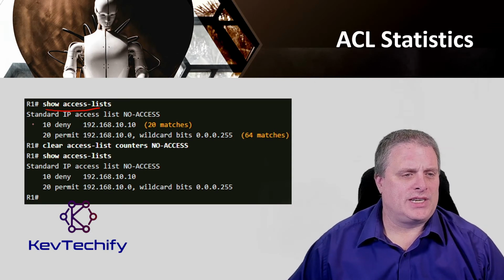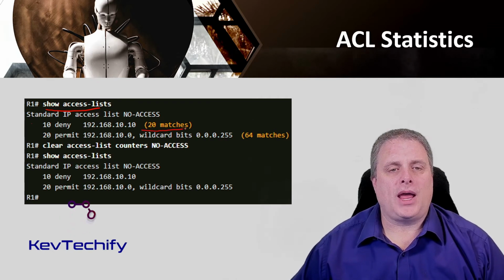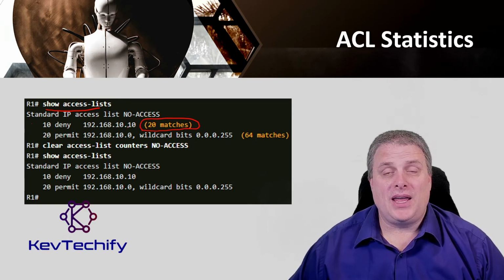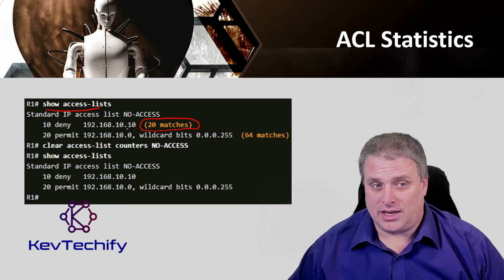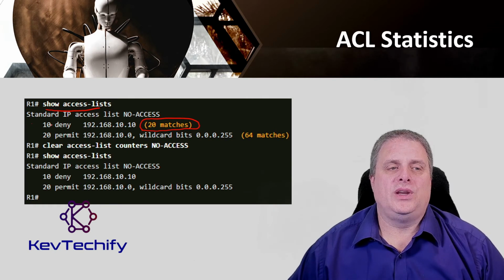And so here for sequence number 10, the deny of 192.168.10.10, it did 20 matches. So it matched 20 times where this IP address, 192.168.10.10, tried to access something, but we matched it, so we denied it.